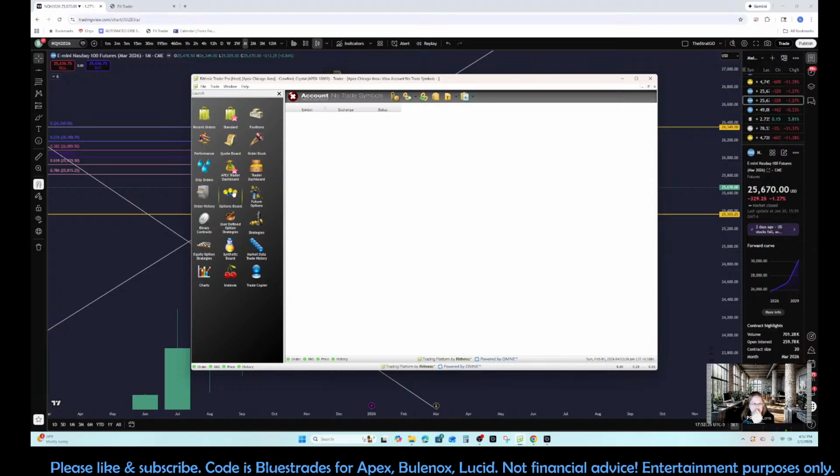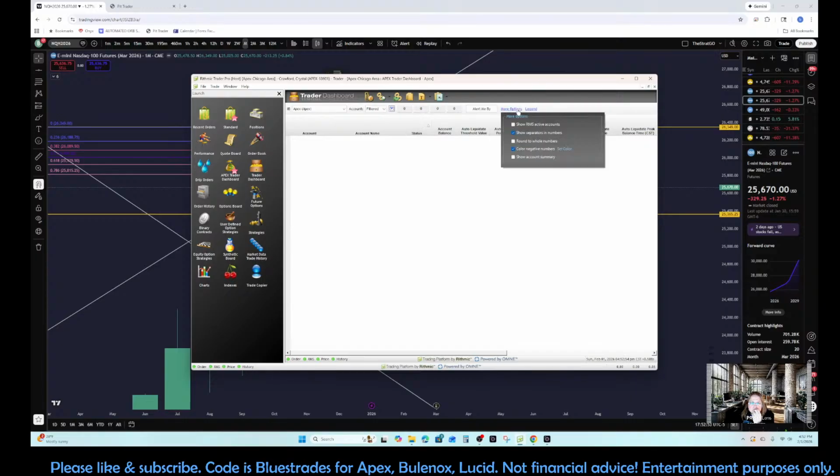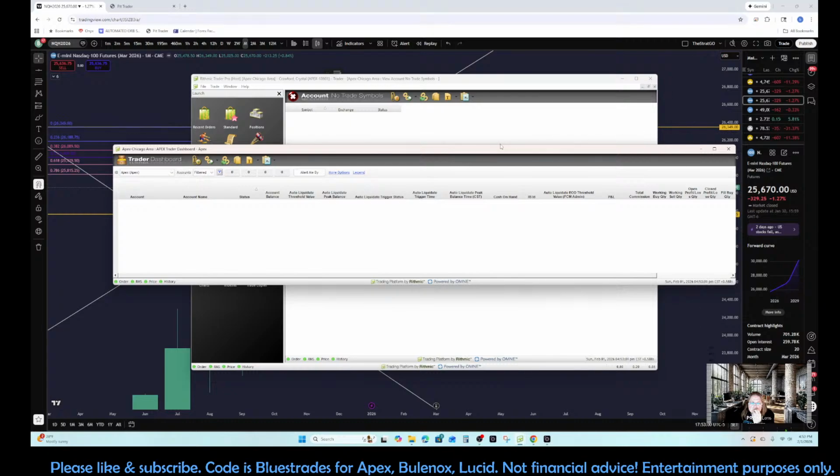Trying to think if there's a way to do that. No trade symbols.